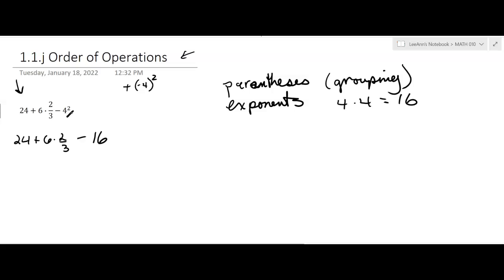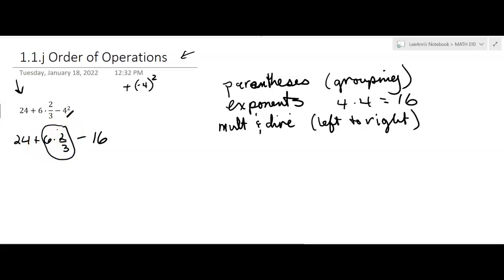Now, parentheses, exponent. Next, we do multiplication and division. Do them at the same time, from left to right. Now, you can say, well, you have division because you've got the 2/3, and then you've got the 6 times that. So kind of I'm looking at all of this together, right? Now, how do I multiply fractions?